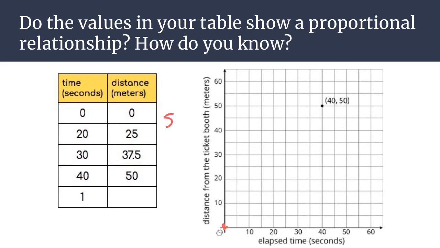So 50 divided by 40 is going to be 1.25. 25 divided by 20 is going to be 1.25. And therefore, 1.25 is going to be the distance if the time was 1.